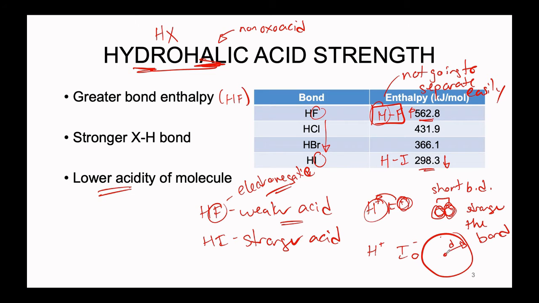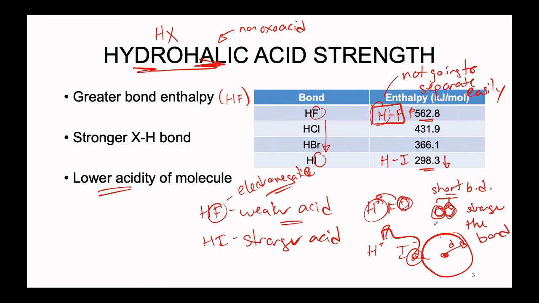If this is our nucleus and this is kind of the size relative to the nucleus of our atom, this very large distance here means that we're going to have a very large bond distance, and we are going to have a weaker bond between the HI as a result. In other words, the distance from this H plus to the iodine nucleus is so great that the H plus can just leave, and the iodine would not even notice the difference.